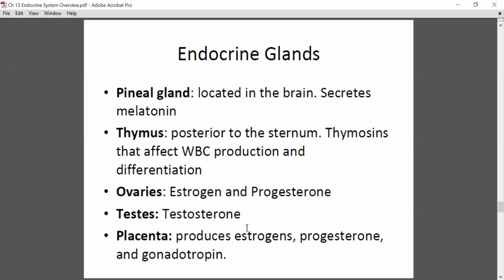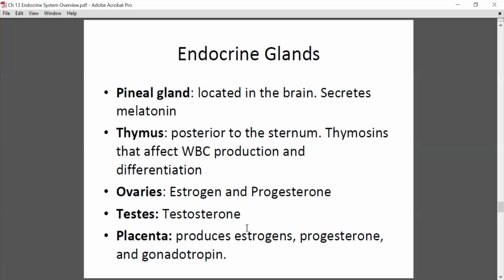The thymus. The thymus is located in the posterior aspect of the sternum, so on the back of the sternum. The thymus produces thymosin. The thymosin affects white blood cell production and differentiation. So your thymus is helping to produce white blood cells.